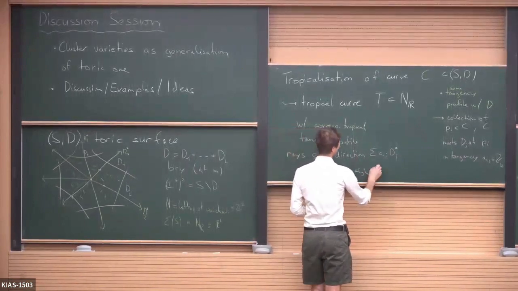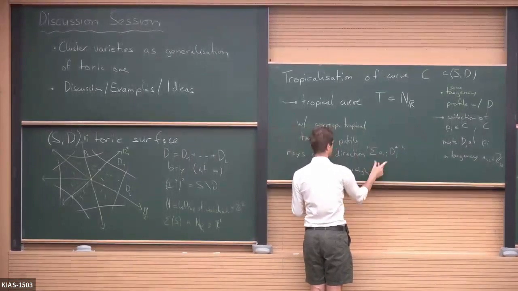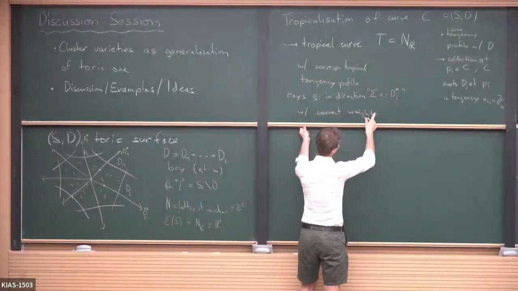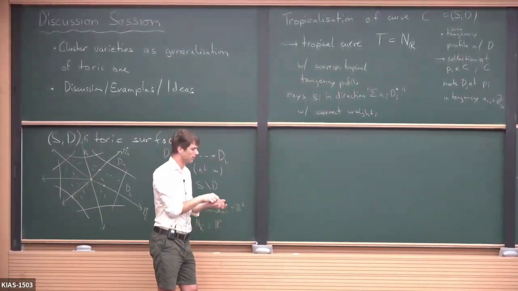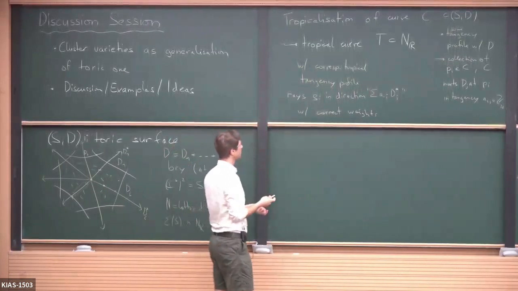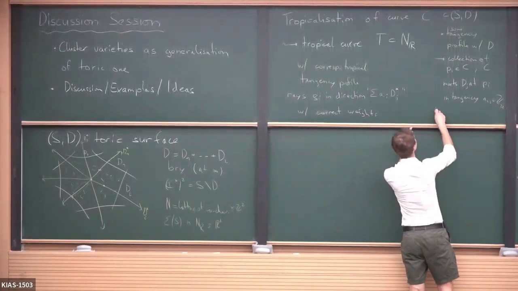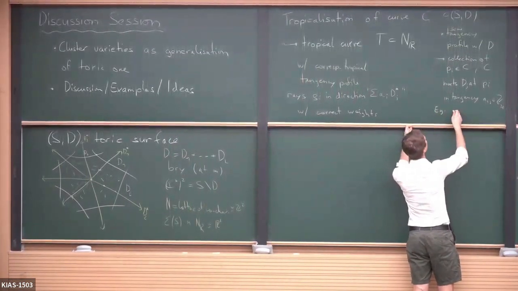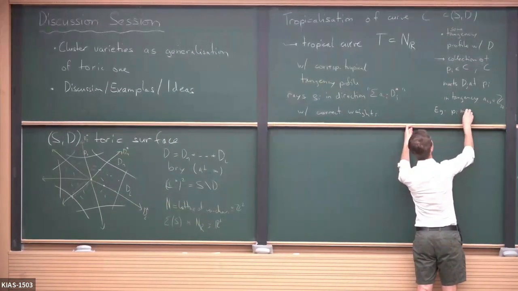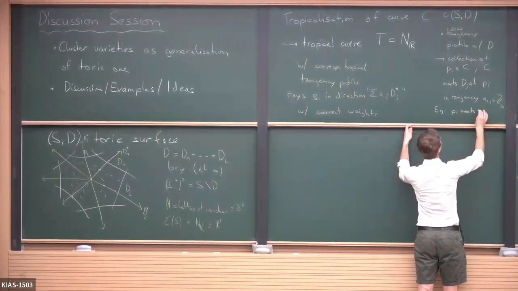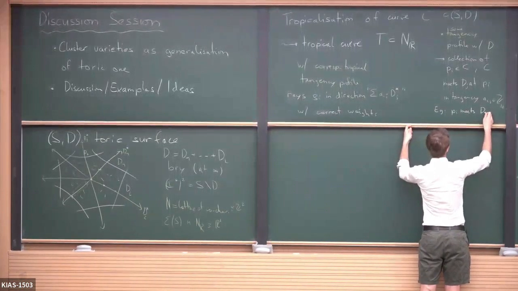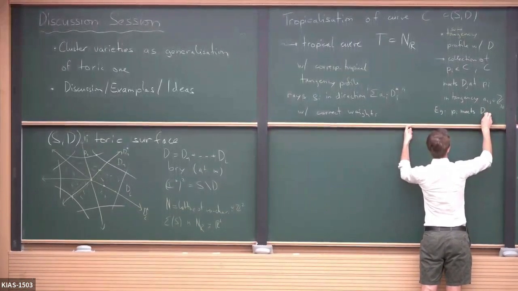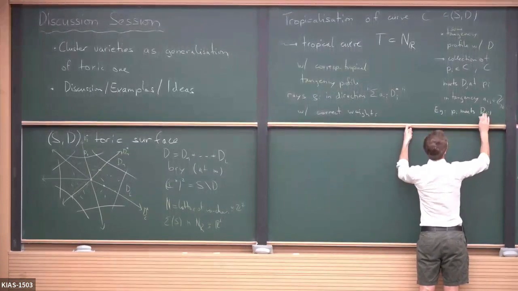So yeah, I don't want to get lost in details about this, so I'll just show you some examples. So maybe for example, it could be Pi meets D, I don't know, Si.